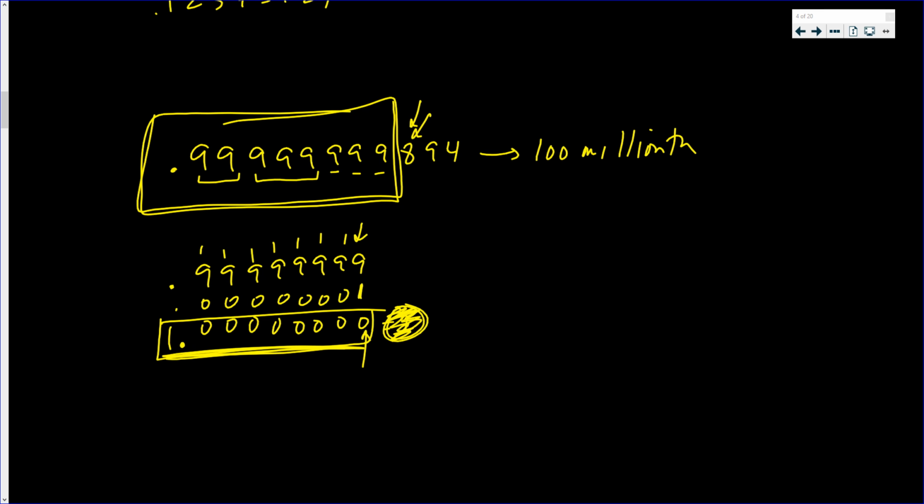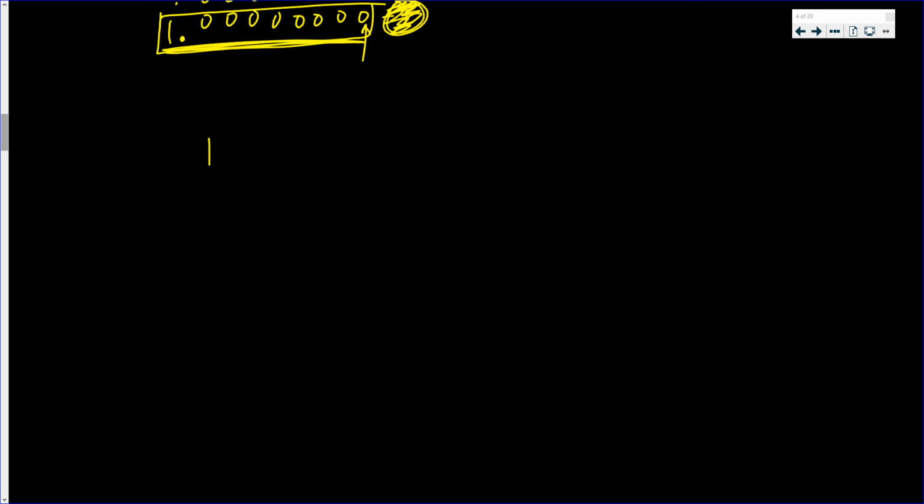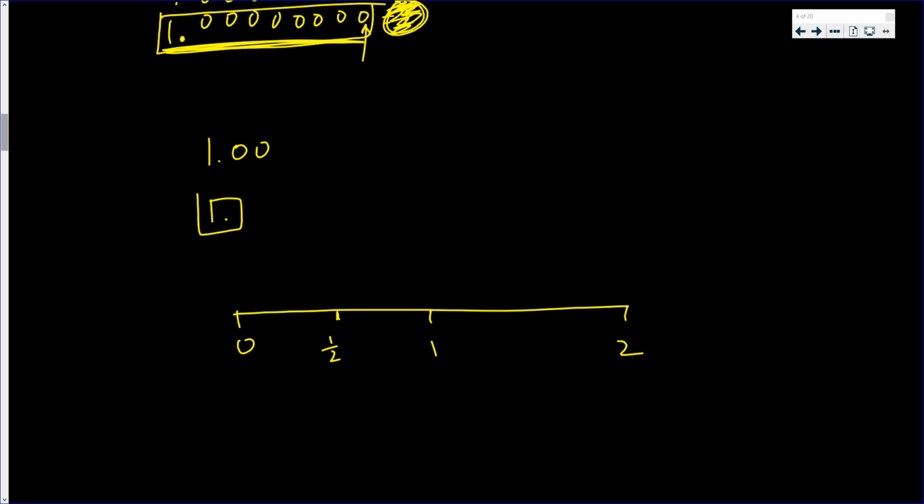For example, let's talk about that for a little bit. What's the difference between this and just 1? So here's a ruler, 0, 1, and 2. Now, when would you round off to 1? Well, here's a half, and here's 1 1/2. If you're a half, you'd round up to 1.